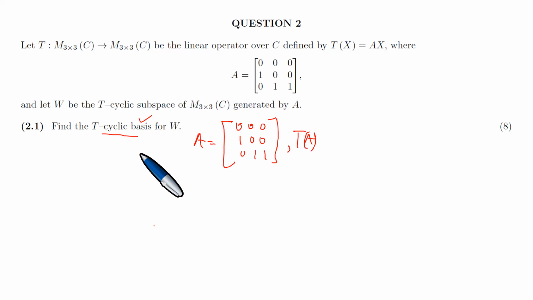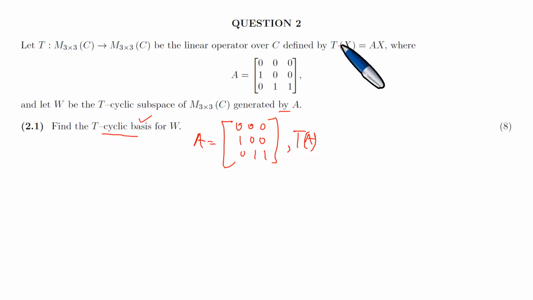W is a T-cyclic subspace generated by A. How does the matrix A generate the subspace? We obtain the T of A using the definition of the linear operator. So we're going to use TA.